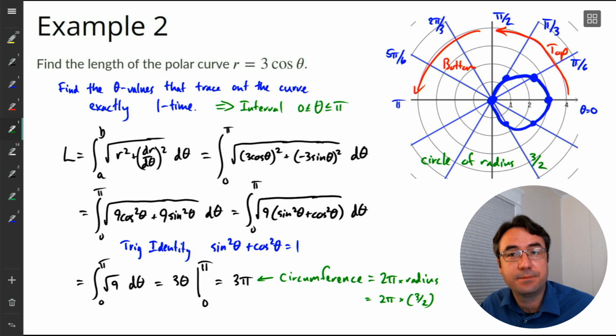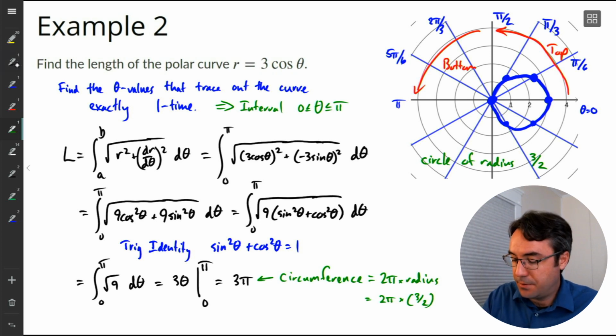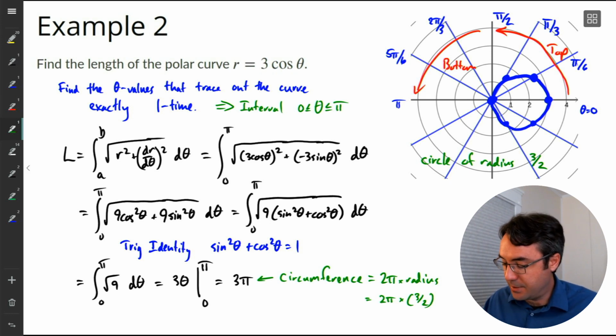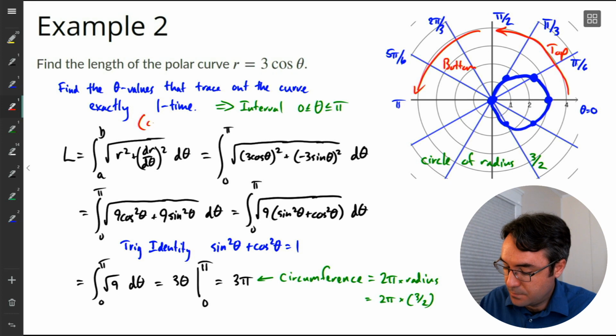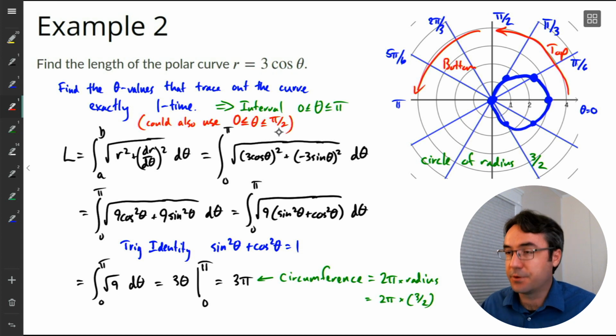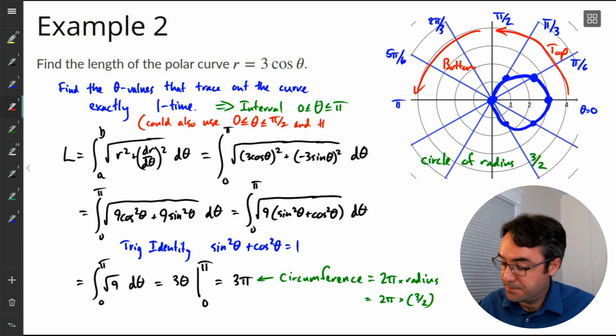That's another option. So we could have used theta values between 0 and pi over 2. That would have given us just the top half of the circle, and then use symmetry.